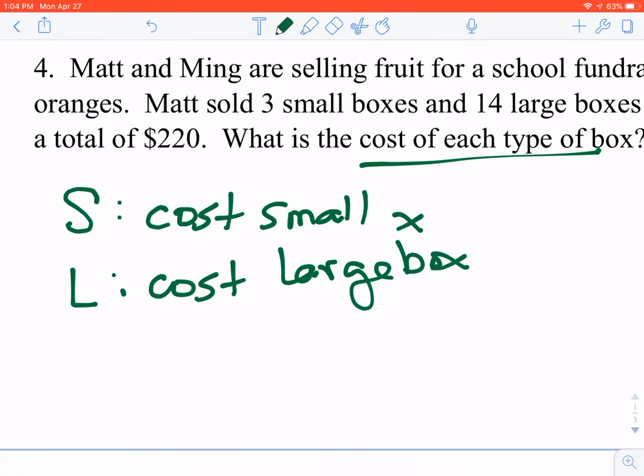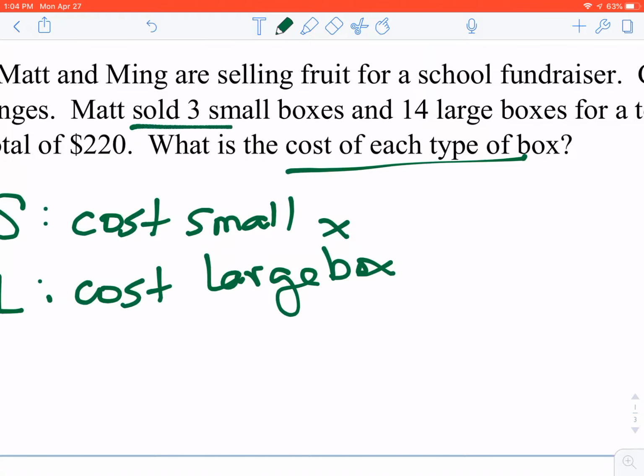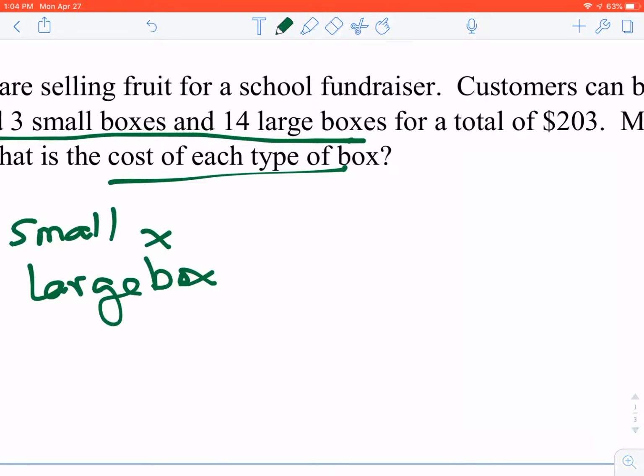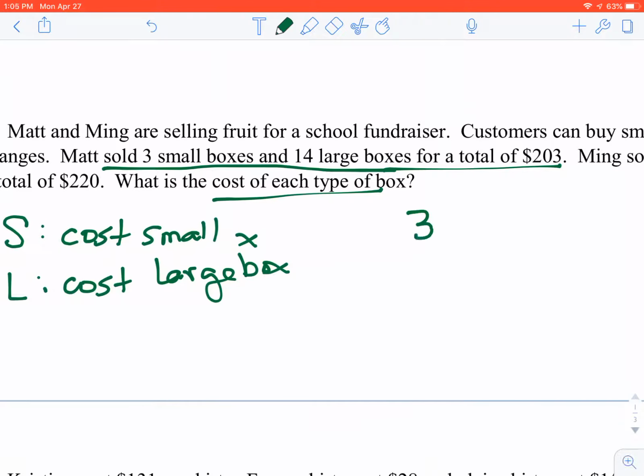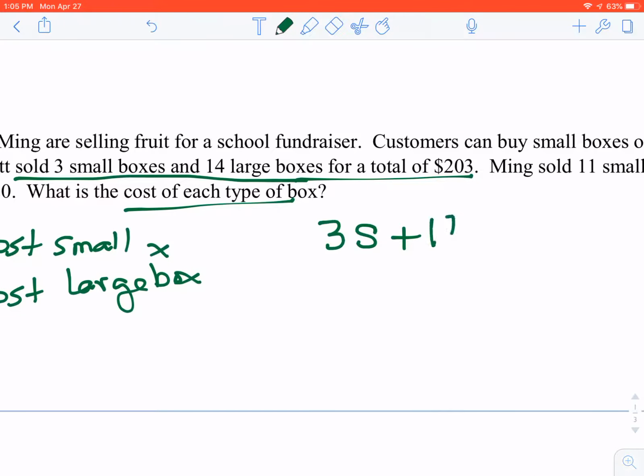Okay, so Matt sold 3 small boxes and 14 large boxes for a total of 205. So 3 times the cost of one small box plus 14 times the cost of the large box is going to be $205.